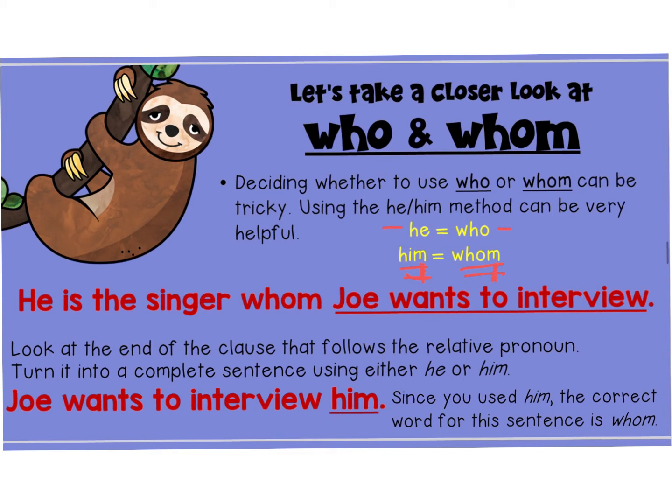So if we say, he is a singer whom Joe wants to interview, look at the end of the clause that follows the relative pronoun. Joe wants to interview. Turn it into a complete sentence using he or him. So we can change this sentence to Joe wants to interview he or Joe wants to interview him. Him works best. It ends in an M, so we know we would use whom.